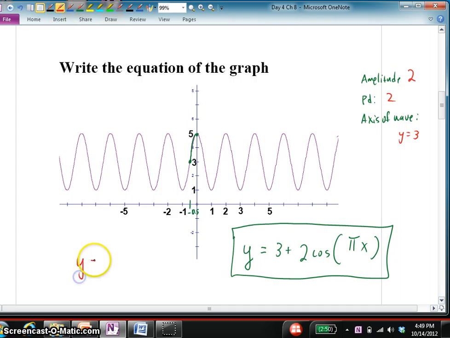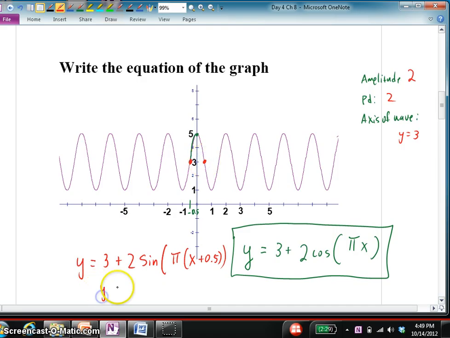I could write it as a sine equation in that way. So we're starting in the middle and going up. I could write y equals 3 plus 2 times the sine of pi times x plus 0.5, since it's shifted to the left. That's another equation.